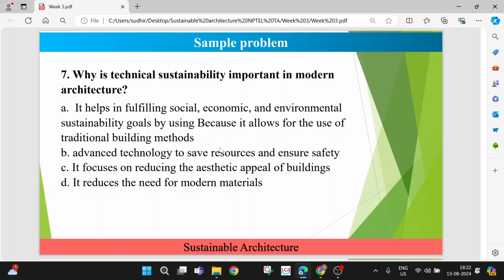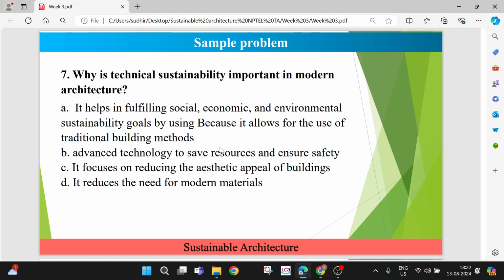But technical sustainability first involves the parameters that we consider as the bottom line of sustainability, that is social, economic, and environmental goals. Apart from that, it also helps you to integrate advanced technologies to support these objectives.